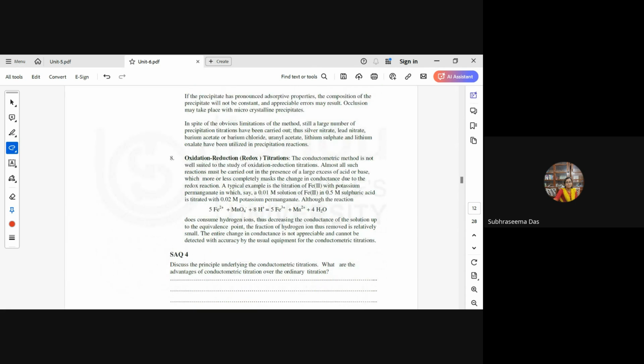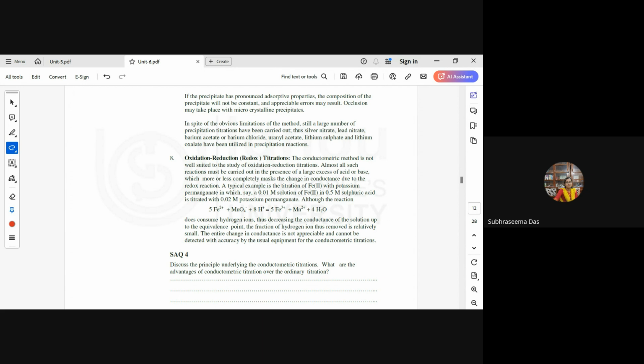Now, the conductometric titration method is not very well suited for the study of redox reactions, because almost all such reactions must be carried out in the presence of a large excess of acid or base, which makes the measurement of conductance difficult. A typical example involves Fe2+ with potassium permanganate.